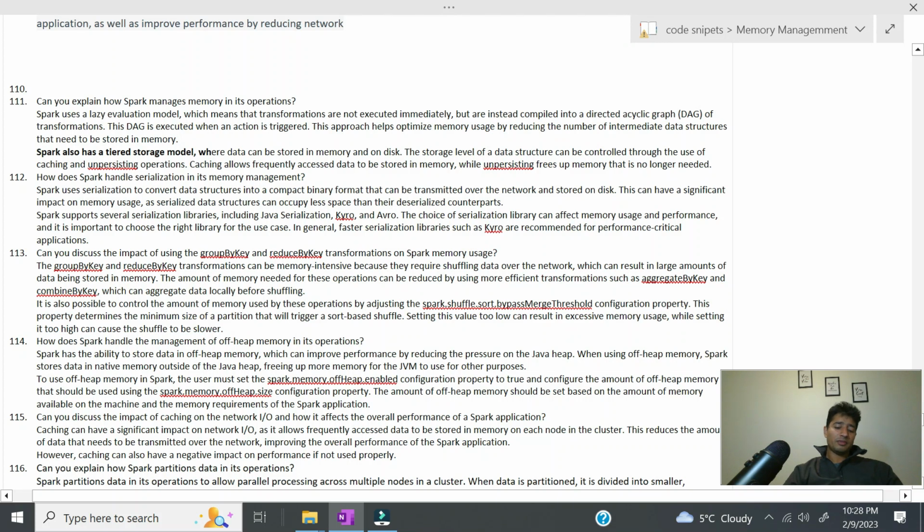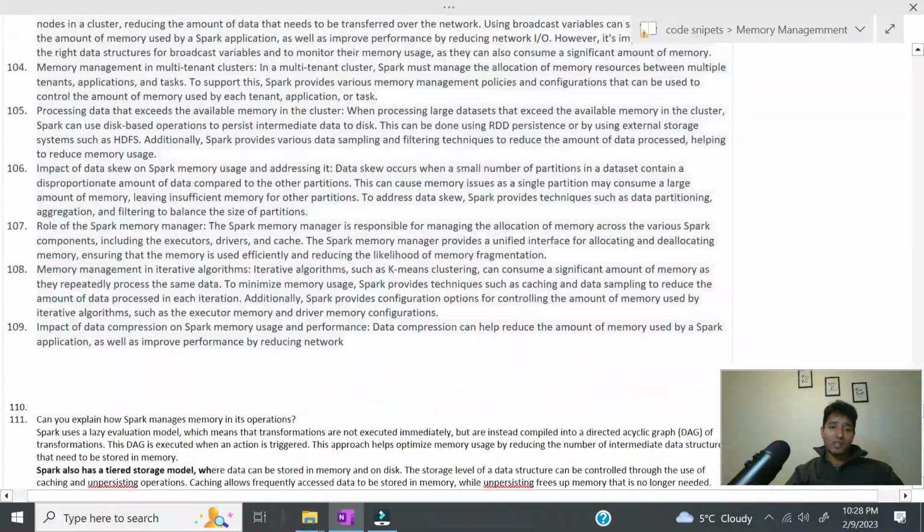So see, when we talk about Spark memory management, we talked about few things, right? We talked about unified memory, Spark executor memory, driver memory, how to allocate them, what are the Spark memory fractions, what are different operations which will impact the performance, how Spark manages different operations, how deserialization and serialization impact the performance.